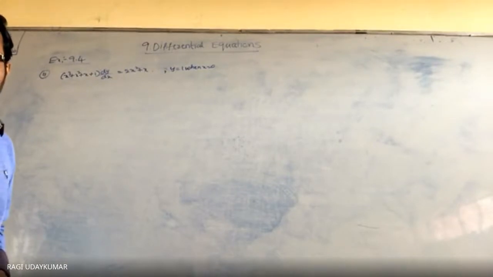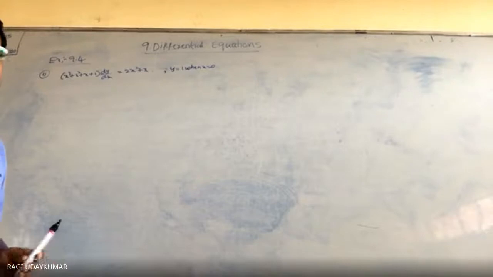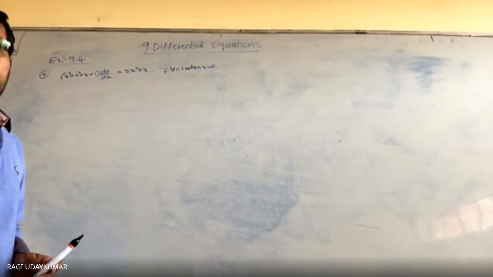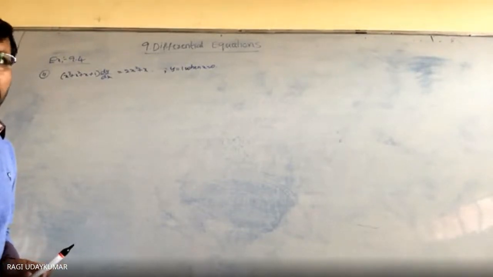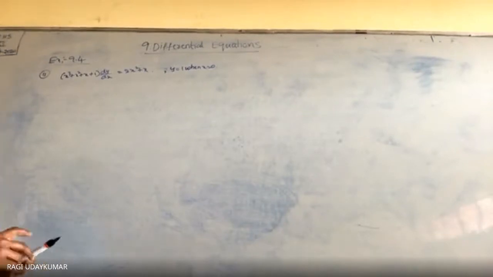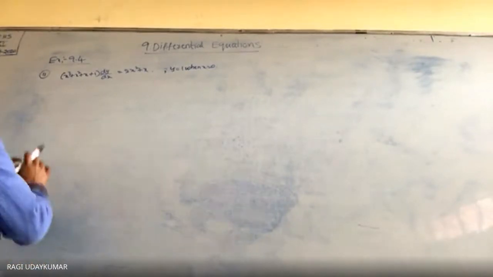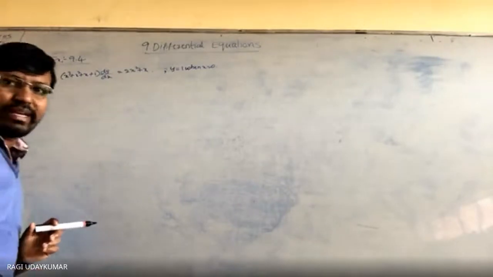So the question is given to you this one only. Yes sir. Y is equals to 1 and x is equals to 0. So here what to do? First you take the variable separable method, apply karo. Variable separable method means, see here, what I told you, most of the students will get confused.